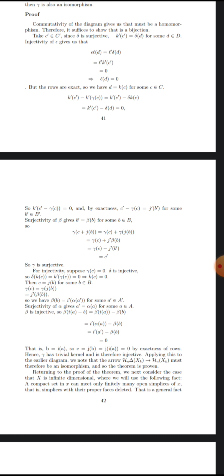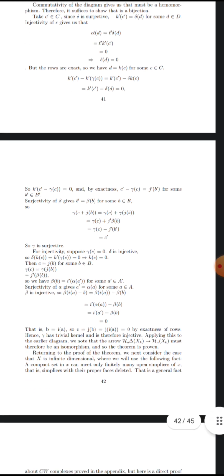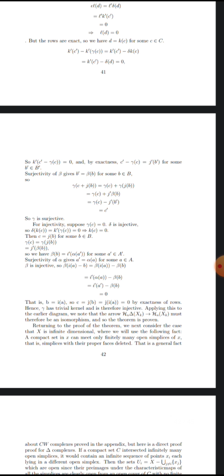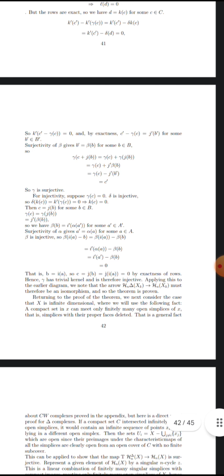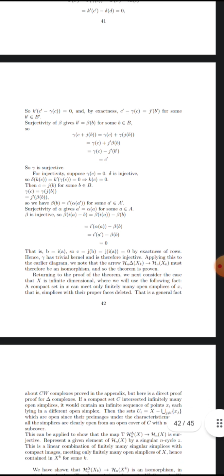Then we can get B is equal to I of A, C is equal to J of B equal to J of I of A is equal to C by exactness of the row. Hence gamma has trivial kernel and is injective. Applying this to the earlier diagram, we note that the arrow hn delta of xk to hn of xk must therefore be an isomorphism, and so the theorem is proved.